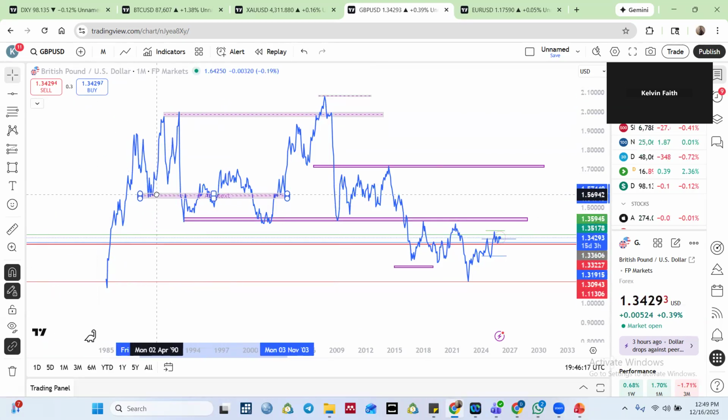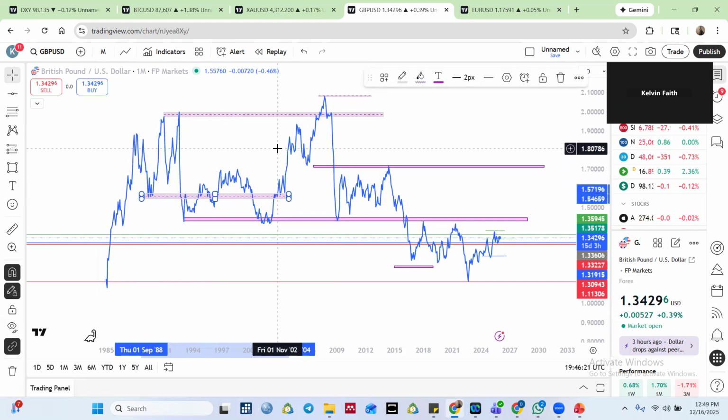This low being taken out was a valid change of character. So the market should have sold from here, but it didn't. It is telling us I want to sell, but failing to sell from this side and then giving a new break of structure means that I want to sell, but after I sell, I want to now buy. Do you guys get my point?